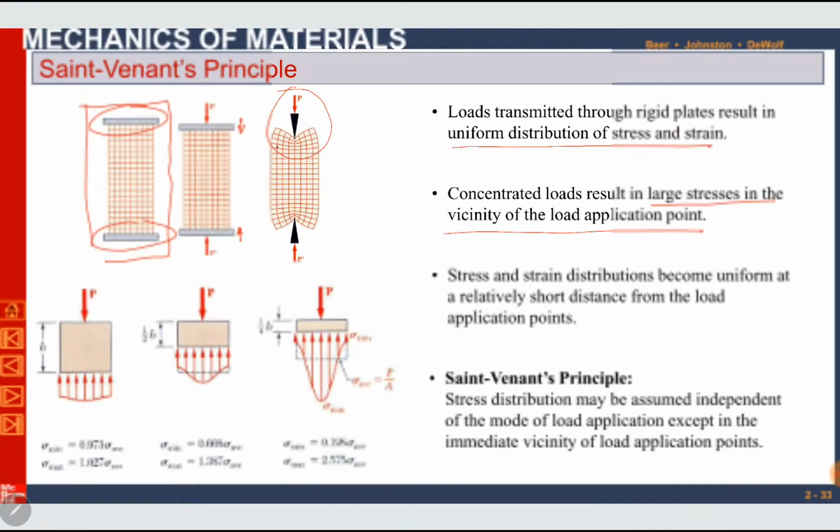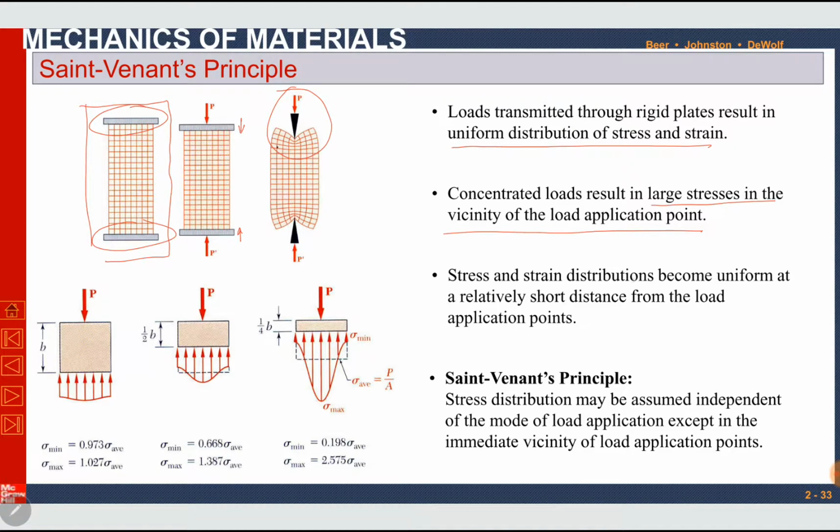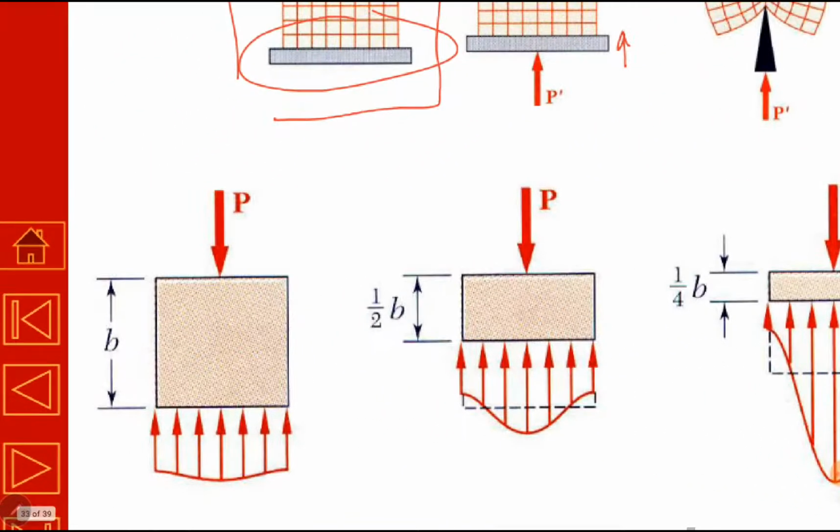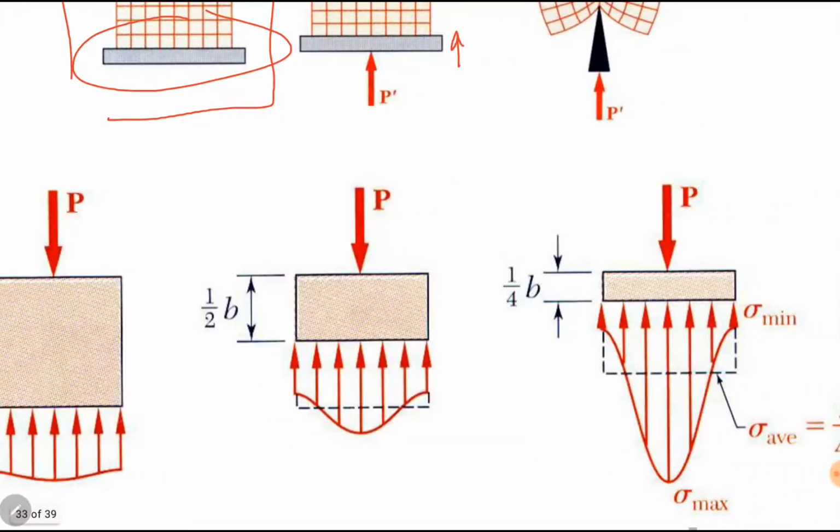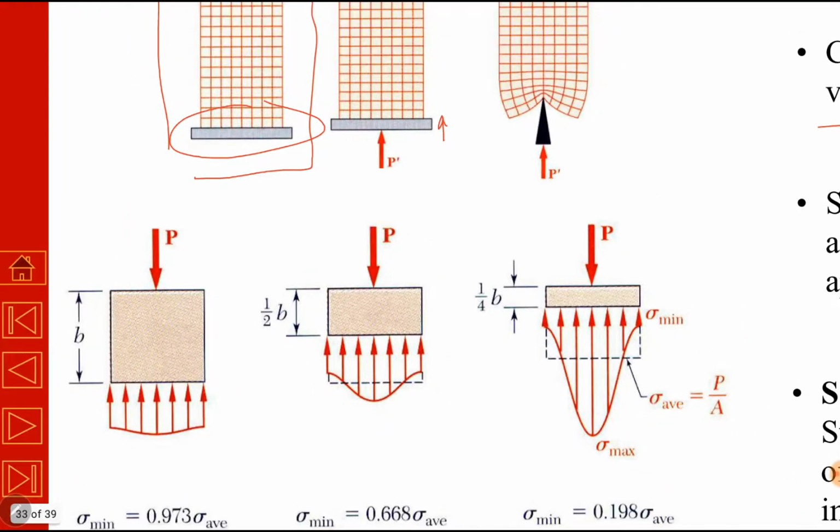The stress and strain distributions become uniform at a relatively short distance from the load application point. If we see here, the load is applied here and we go along the length. As soon as we move from the surface of load application, stress is distributed.